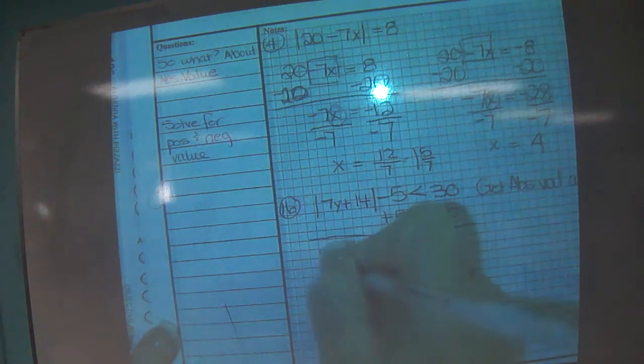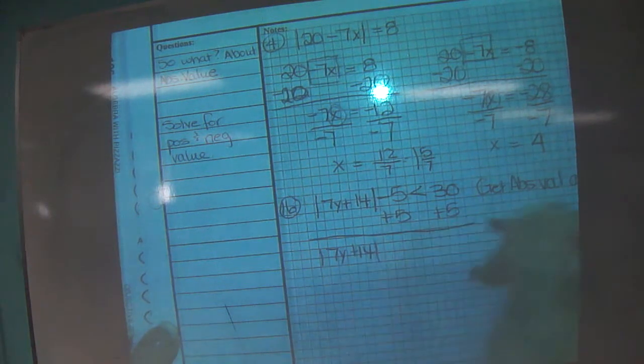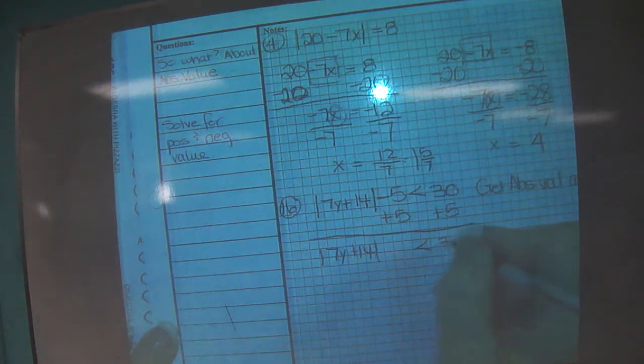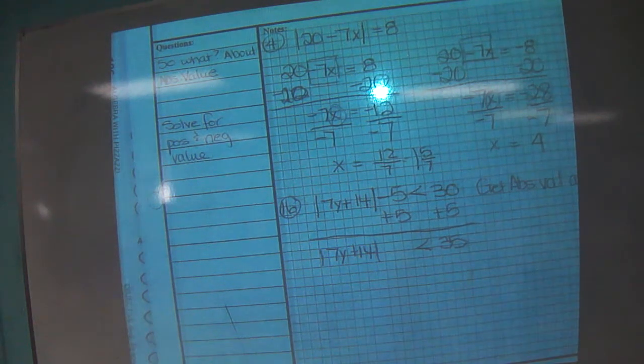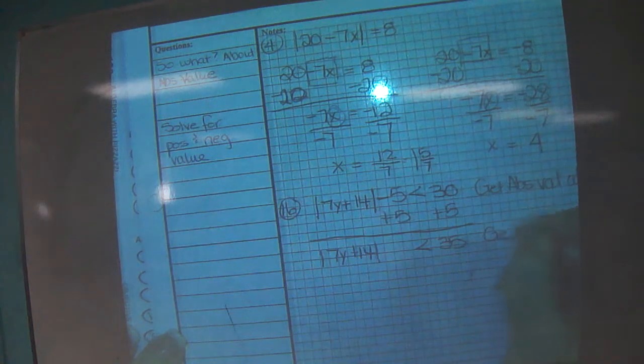So we still have the absolute value of 7y plus 14, and it's less than, because when we add or subtract, it doesn't matter, leave the sign alone, 35. So far, so good? Now you've got the absolute value alone, so you're going to get your two inequalities.